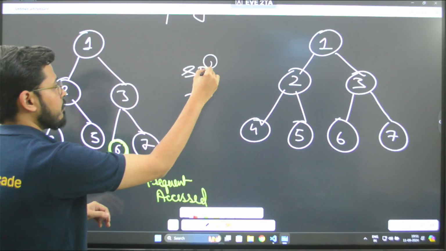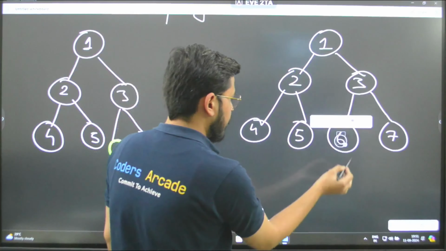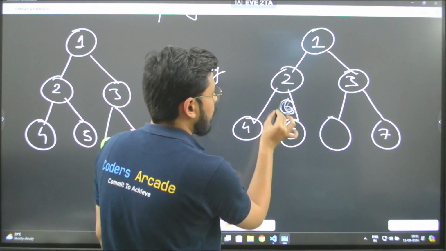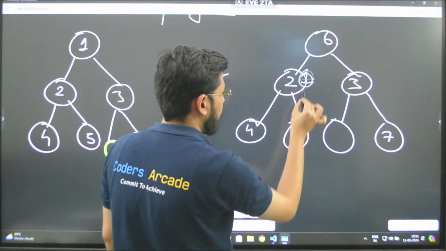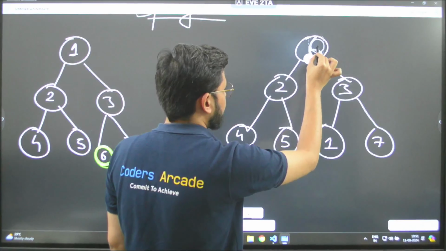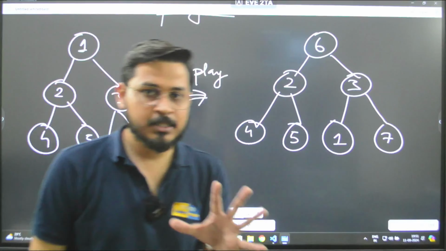After doing Splay, this 6 will go up right there on one's place, and 1 will be brought down. So 6 will take up the position of 1. Understood my point? Every single time you access an element, the frequently accessed element will be placed onto the root.